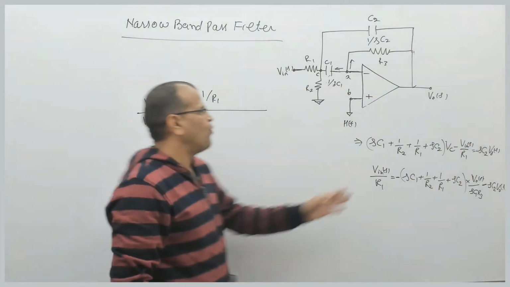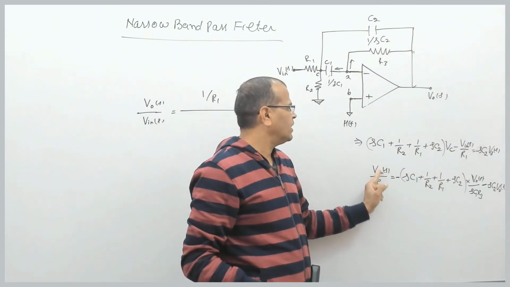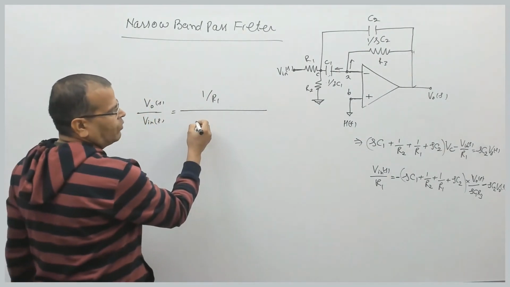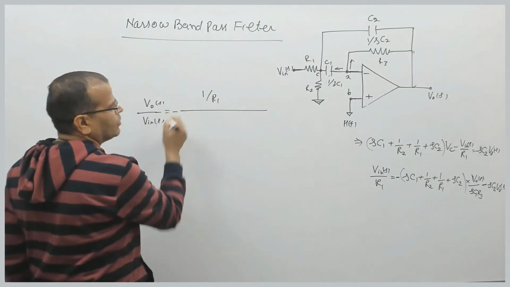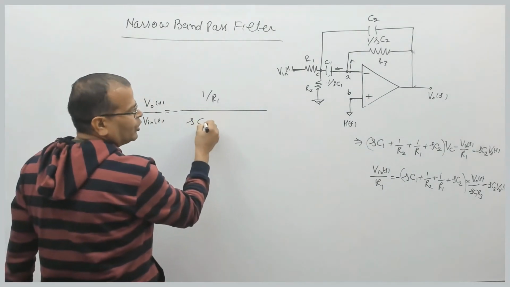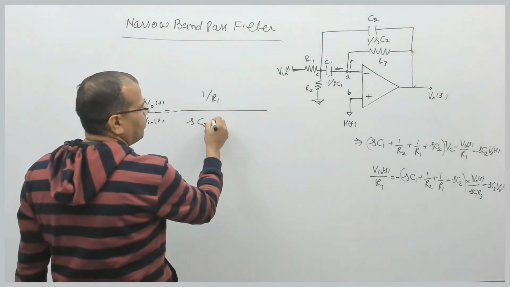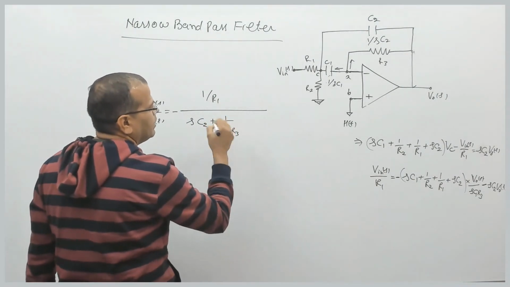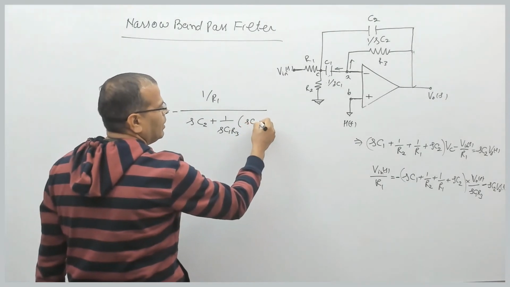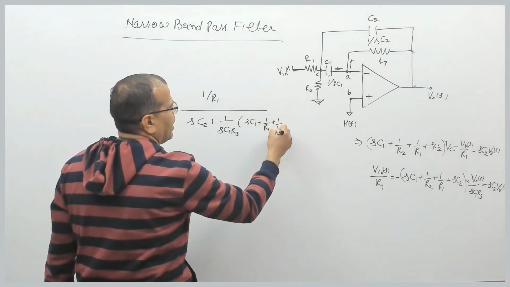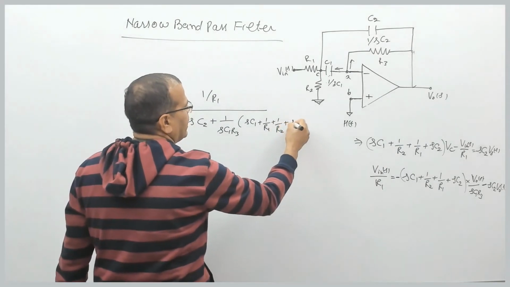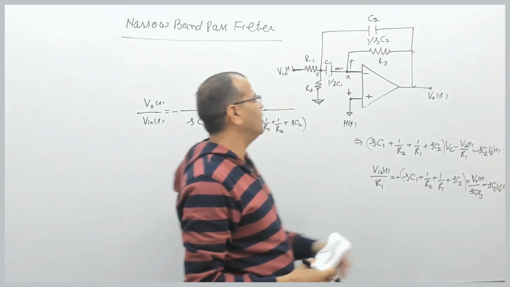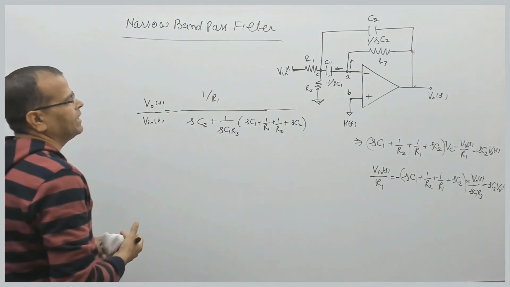Now, V out by V in. So I can take this factor on this side. So 1 by R1, and what will be there with minus sign outside? So that will be SC2, then plus what? 1 by SC1 R3 into what? SC1 plus 1 by R1 plus 1 by R2 plus what? SC2. So this is your transfer function for this particular filter, right?